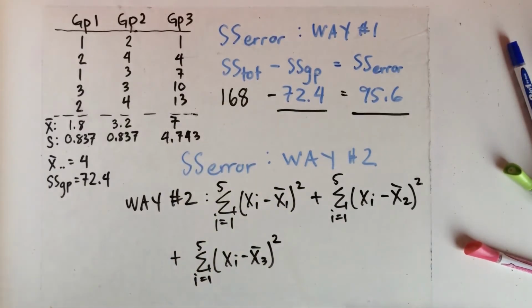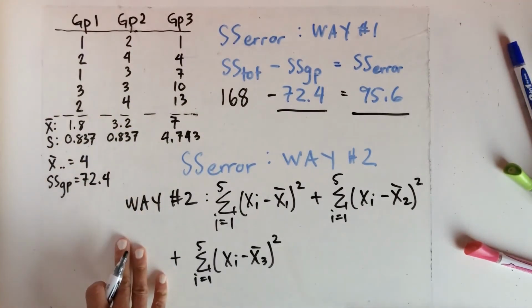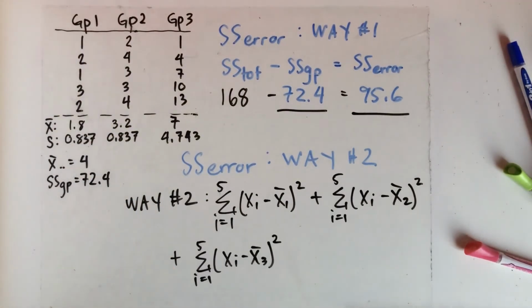All right, so that is way number 2. If you'd like to give that a try, again, just to see how these different data fit together to create an error, please, by all means, go right ahead.